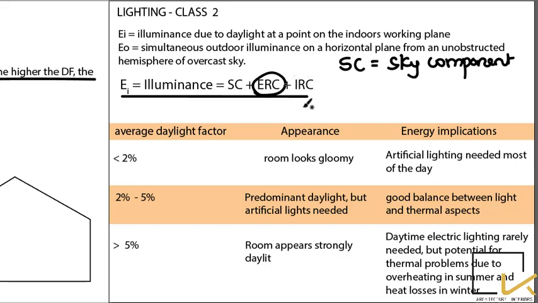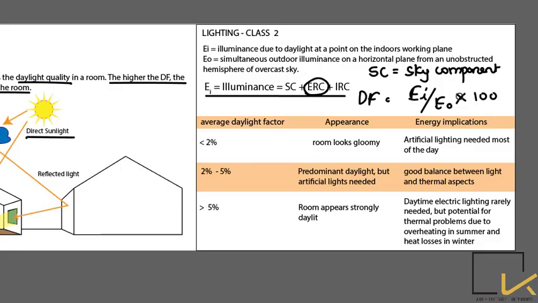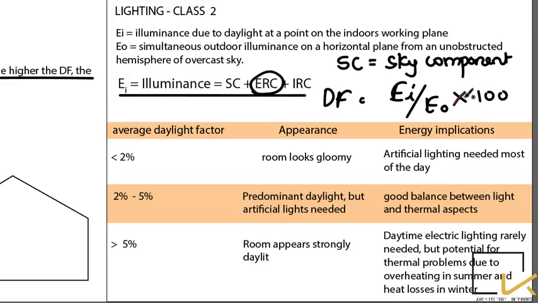For example, your light beam gets reflected from your TV or other furniture, which also affects the illumination inside. The addition of these three gives the illumination inside. So daylight factor is illumination inside divided by illumination outside, times 100. It tells us how good the quality of light is.